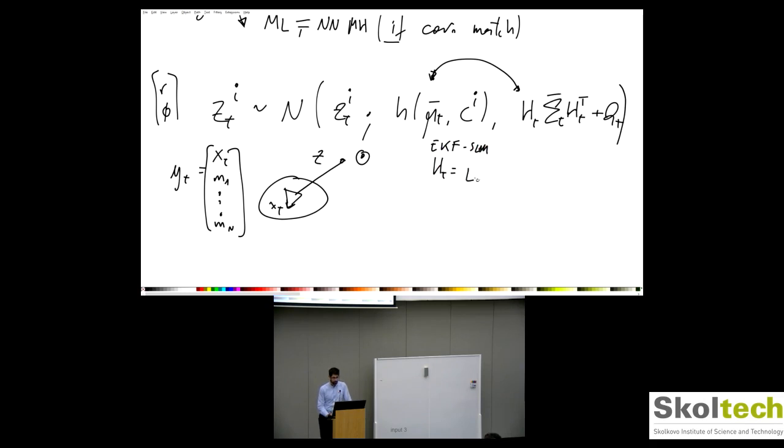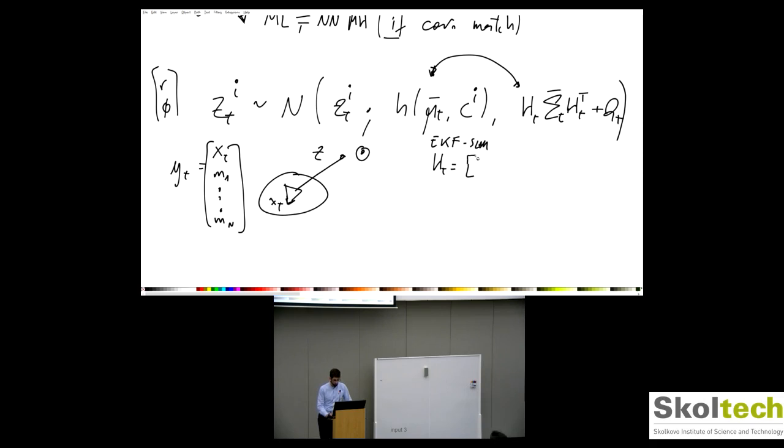Remember that what we did is we calculated a Jacobian that looks like this. A lot of zeros, some terms, and then the only Jacobians that were not zeros were this one with respect to x, to our state, and then there was another one with respect to the landmark, right? So here what we have is a large matrix, a large covariance.